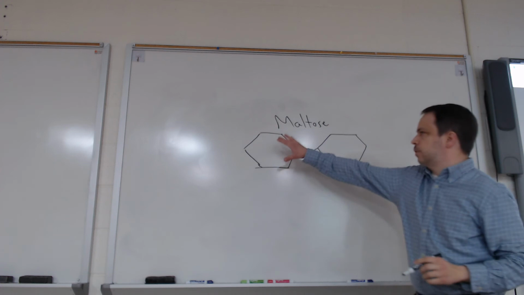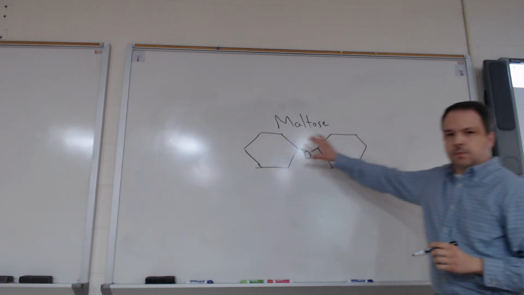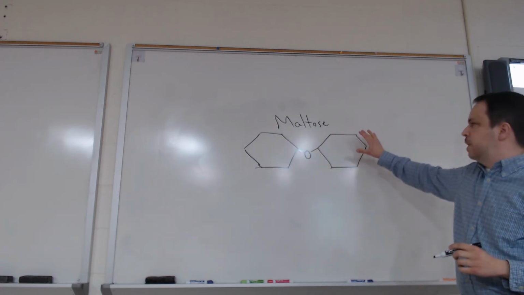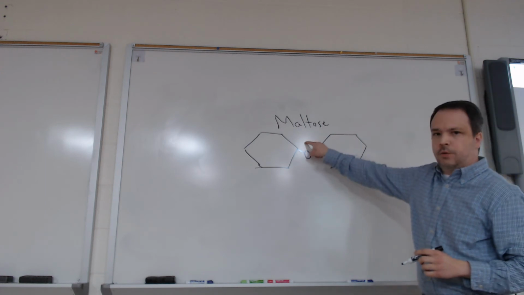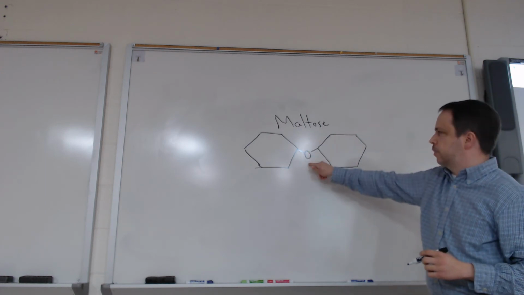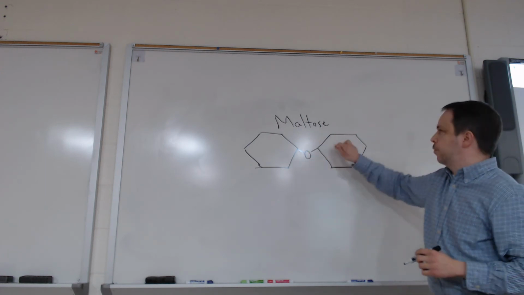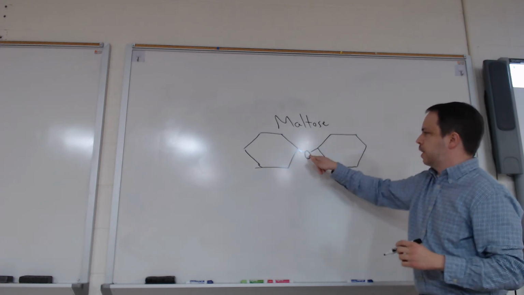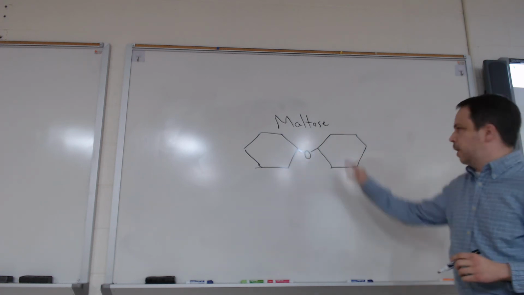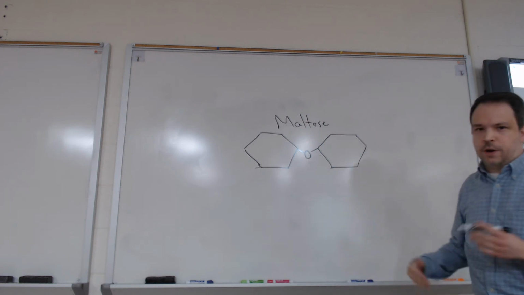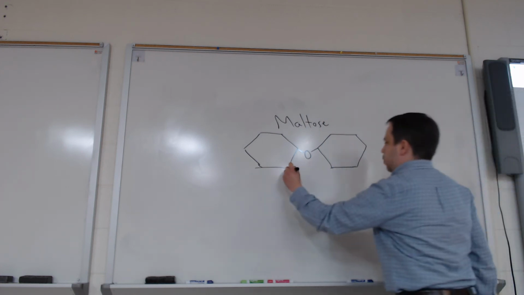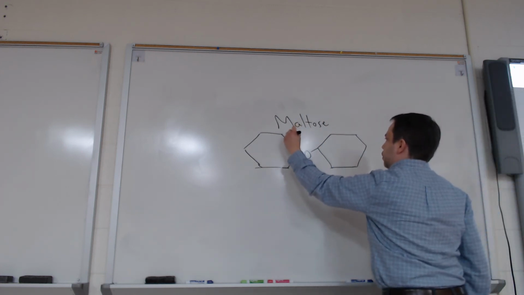So if this is maltose here, this whole thing, it's being held together right here in the middle by this oxygen. So both sides of this are being held together by the oxygen. And that bond, that thing holding them together, has a very specific name. It's called a glycosidic linkage.